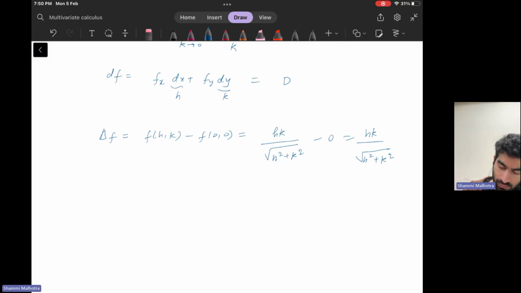Okay, so finally, I have to calculate the limit rho tending towards 0 of delta f minus df whole divided by rho.